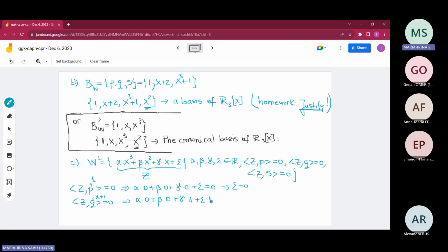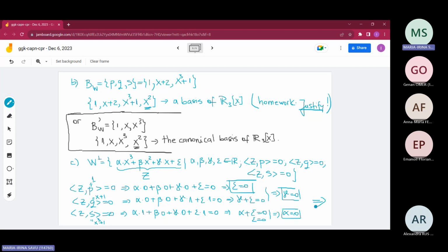From the last condition, S is x cubed plus 1, alpha times 1 plus beta times 0 plus gamma times 0 plus epsilon times 1 is 0, so alpha plus epsilon is 0, but epsilon is 0, so alpha is 0.